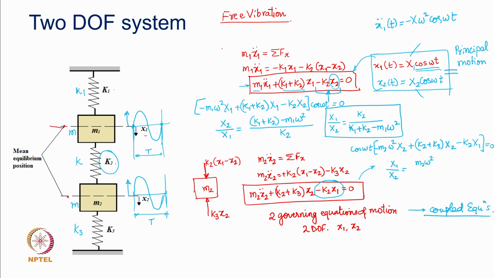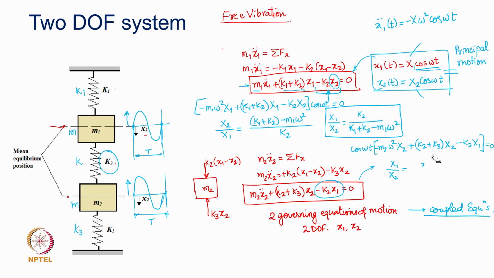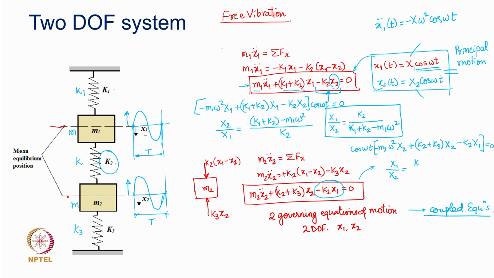Let me write first the stiffness related term. So, I have K2 plus K3, right, minus M2 omega square, they are all connected with x2, and x1 will be K2. Done.